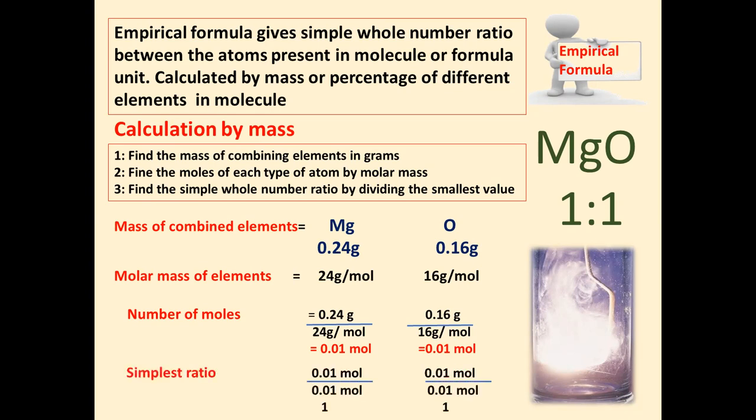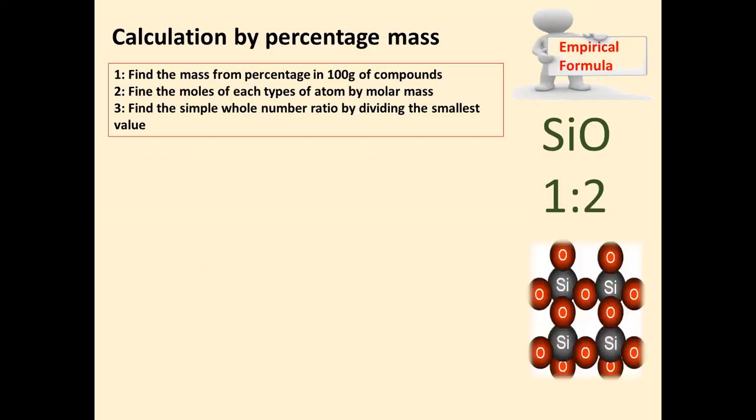Dividing by either value gives us a ratio of 1:1. So the empirical formula of magnesium oxide will be MgO, because both atoms are in a 1:1 ratio.